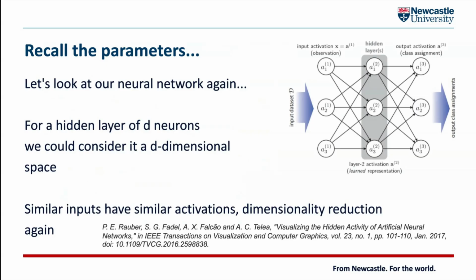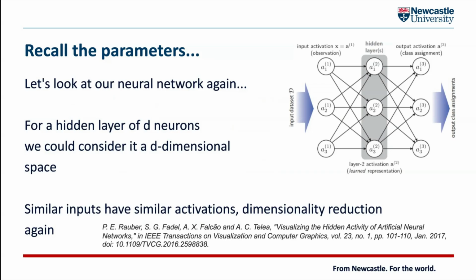So we're going to look at our network again. We have a bunch of hidden layers with neurons in those hidden layers. If we choose a hidden layer of D neurons, we can look at the activations of those neurons.